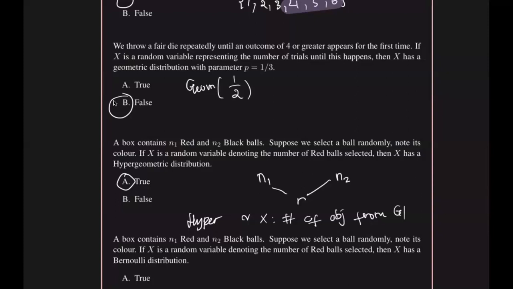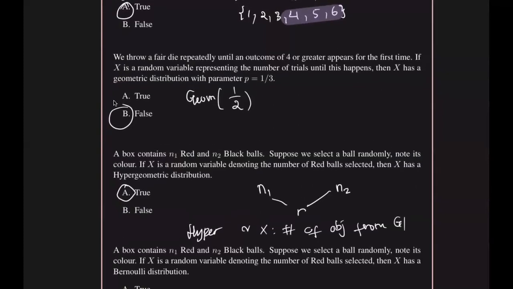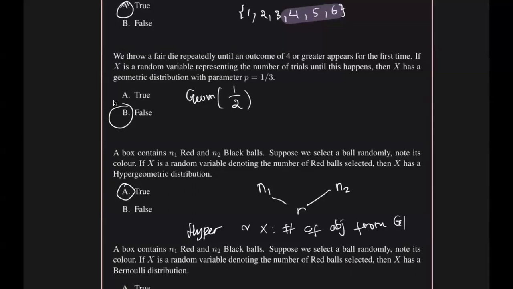But one key thing that separates the hypergeometric distribution from other distributions that we learned is that for the hypergeometric distribution, if you sample more than one object, it will be without replacement. So if you sample, let's say, 2 balls from N1 plus N2, then you take the first ball and you don't put it back and you continue to take the second ball.